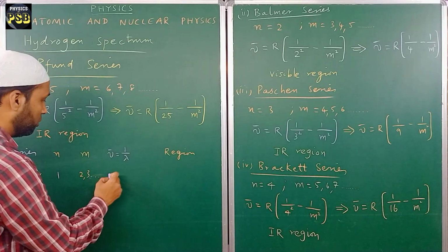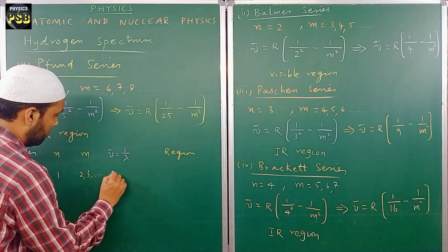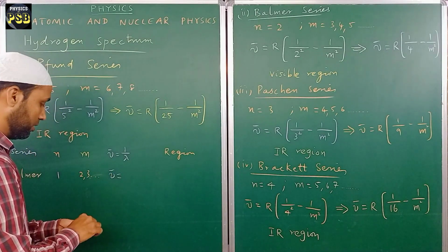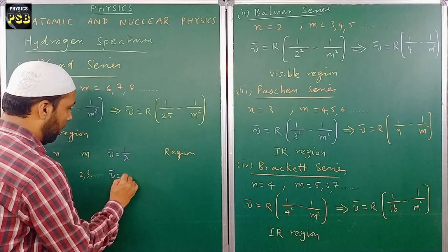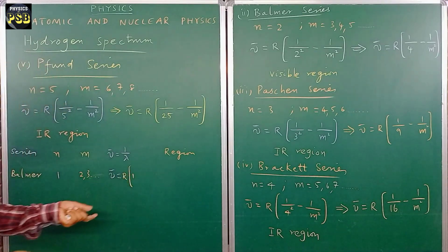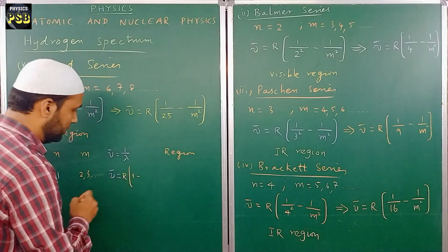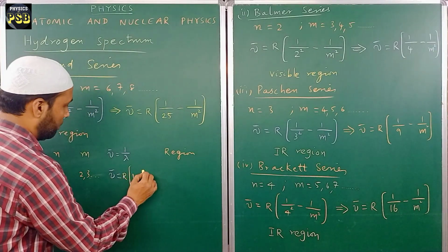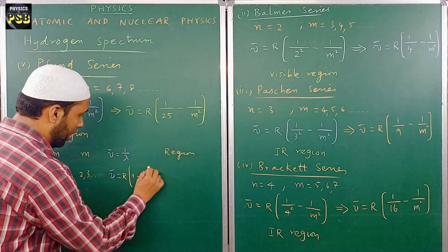And the value of nu bar is nothing but R multiplied with 1 upon 1, which is 1, so I have to write it this way: 1 minus 1 upon m square.